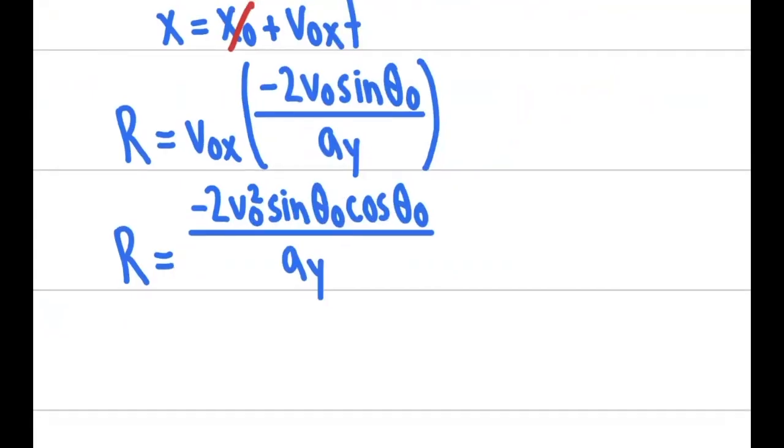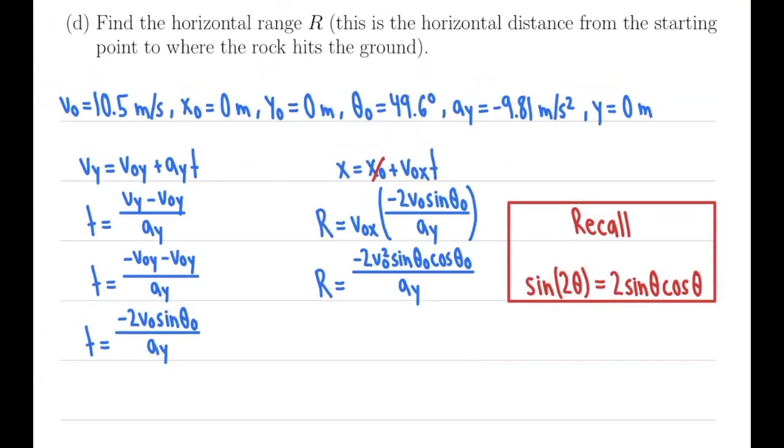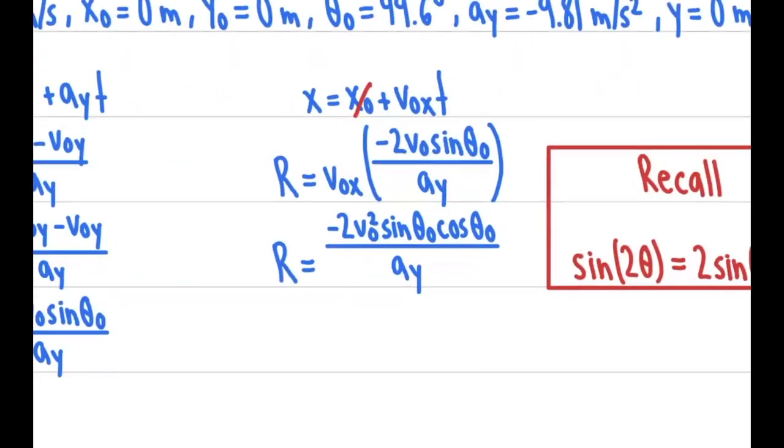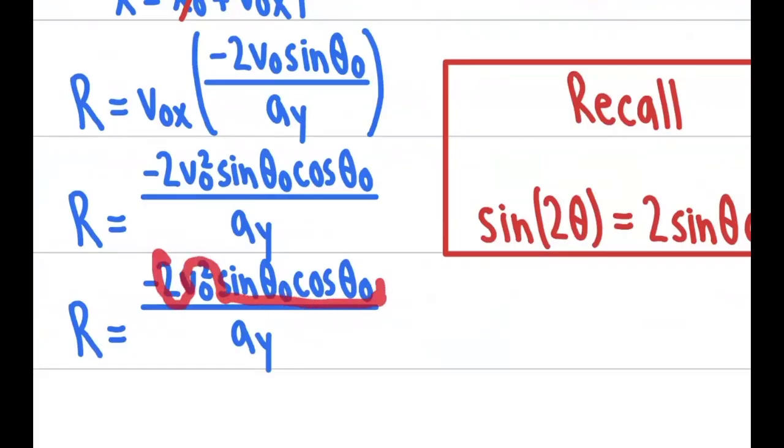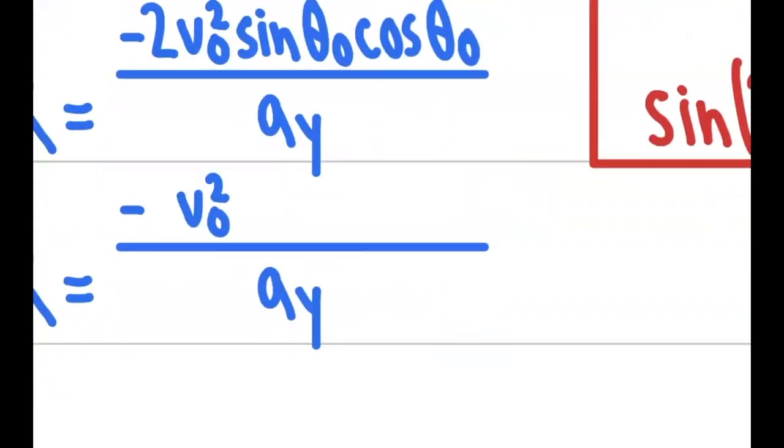And we will use a double angle identity to make it look nice. I love this part. I hate it. Finally, a question where Nick does everything the way I want him to do it. We got 2 sine theta naught cosine theta naught right here, so that's just sine of 2 theta naught.